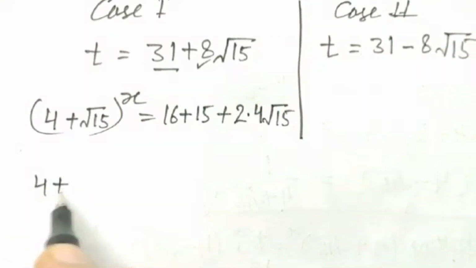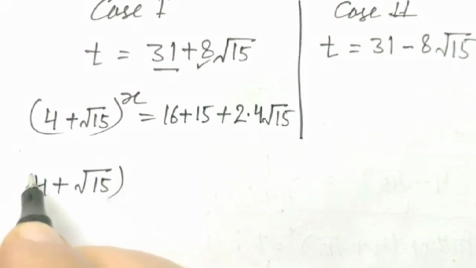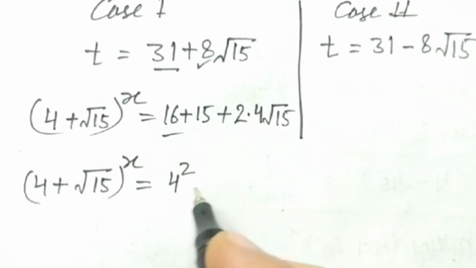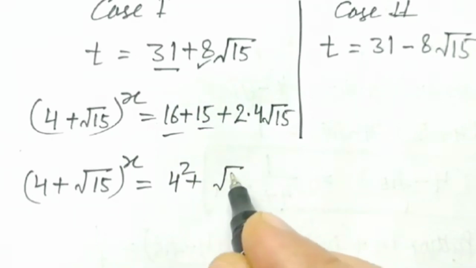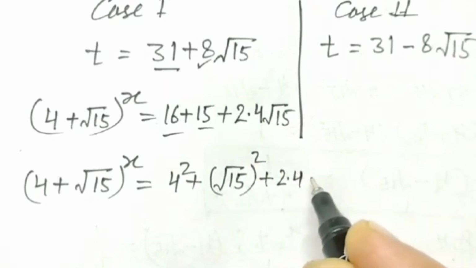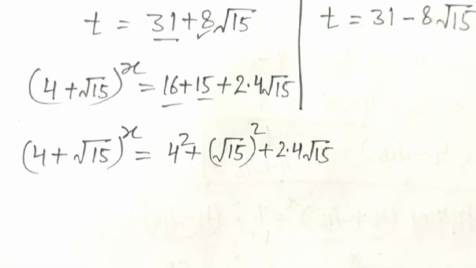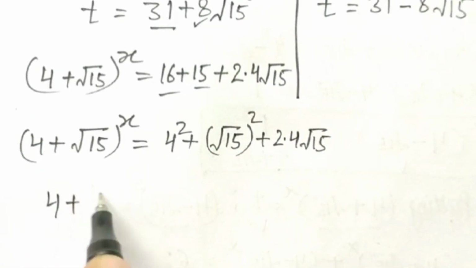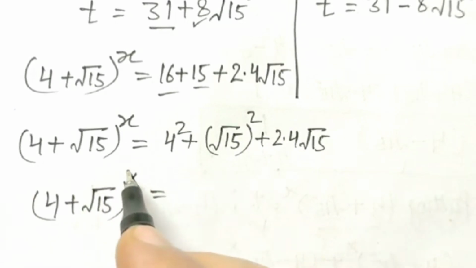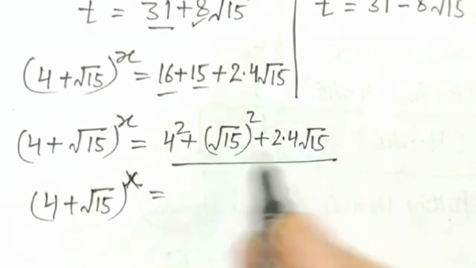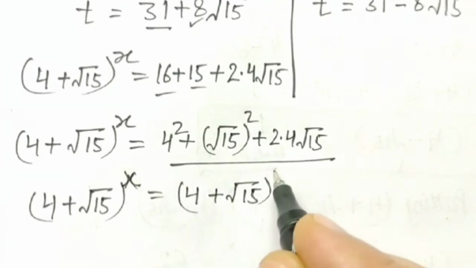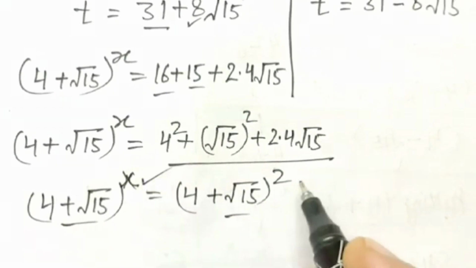So (4 + √15)^x is equal to 4² + (√15)² + 2·4·√15, this is the expansion of (4 + √15)². So x will be equal to 2.